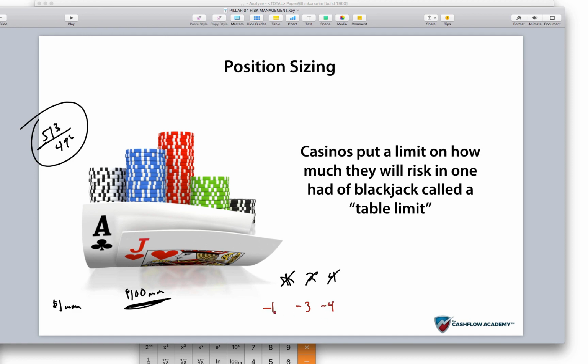Does that make sense? Right now I'm down 1. Then I'm down 3 because I bet 2. I bet 4 more, so now I'm down a total of 7. Let's keep going. So I double and I bet 8, and I lose that, and now I have to add 8 to my loss.